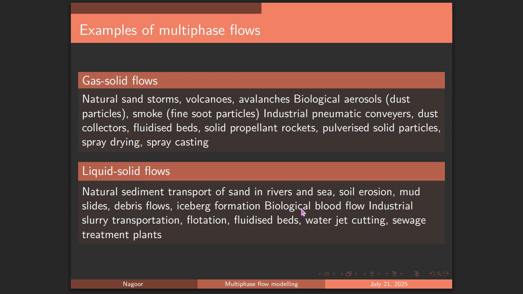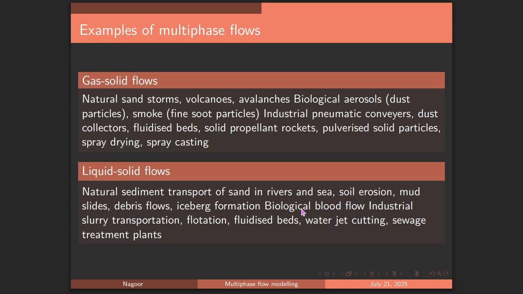There are many applications of multiphase flows. Almost all fluid flows around us involve multiphase flows in one way or another. For example, gas-solid flows: sandstorms, volcanoes, dust collectors, fluidized beds are very important applications, and rocket propellants, spray drying, and spray casting all belong to gas-solid flow.